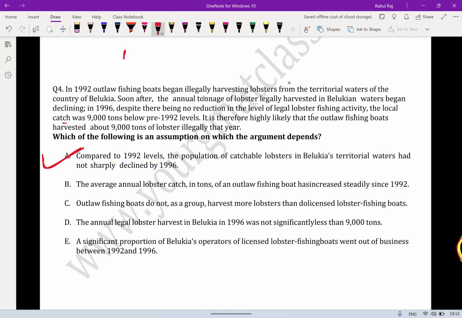Imagine now if I read the fact, and then I read the assumption, and then I read the conclusion. This should make complete sense to you. It should fall into sync eventually. Now see here, I'm reading it. Soon after, the annual tonnage of lobsters legally harvested in Billiken water began declining. In 1996, despite there being no reductions in the level of legal lobster fishing activity, the local catch was 9,000 ton below the pre-1992 level.